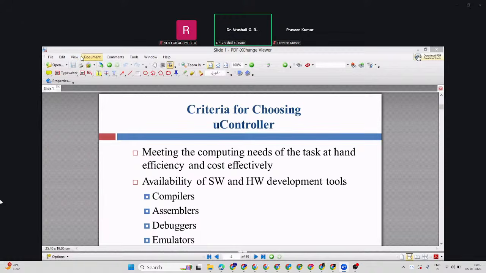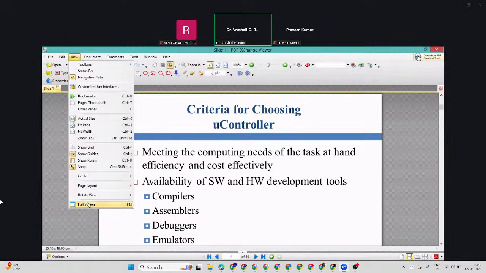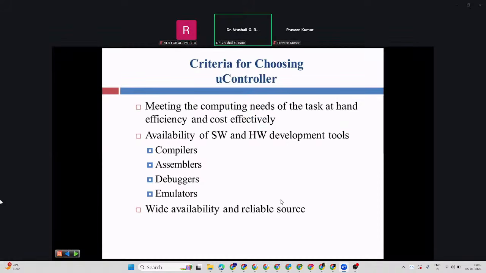It is visible to you. Again, put it on full screen mode. That is better. Okay, so is it okay? It is visible. Sorry for the disturbance.